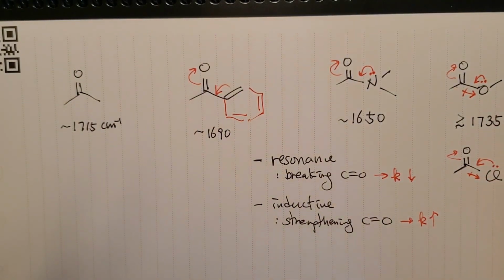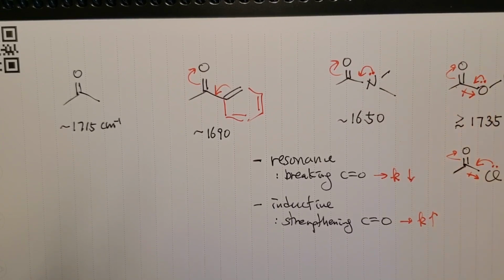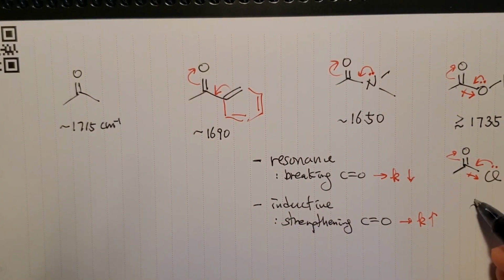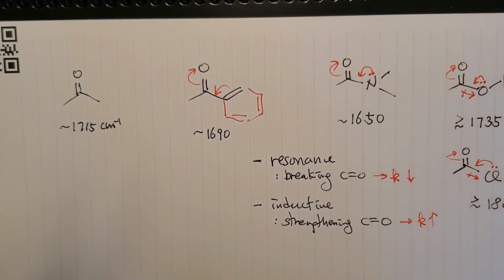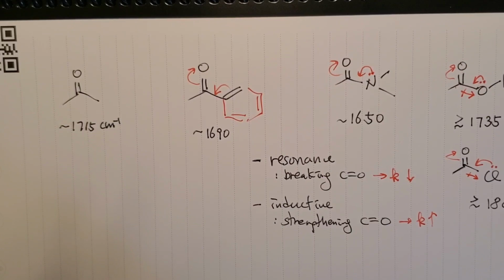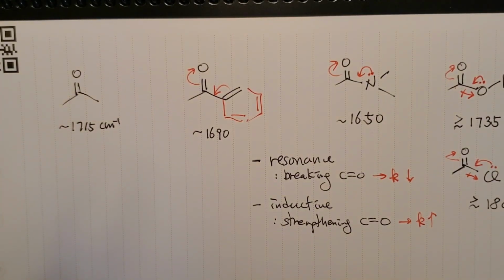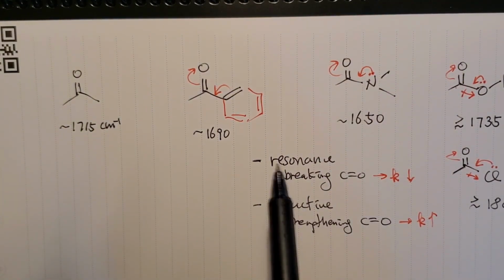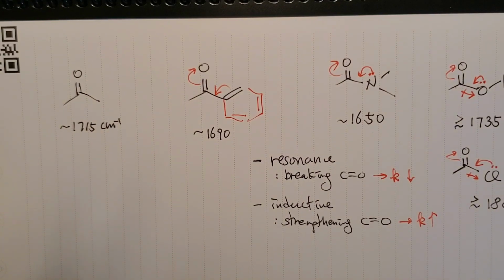Unlike here, where you have quite a bit of resonance, but you have more inductive. So what happens when you have this kind of situation? Surprisingly, it sometimes gets to 1800 or close to it. Surprise, surprise.